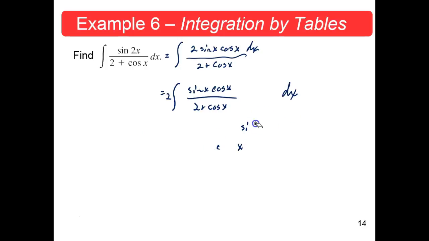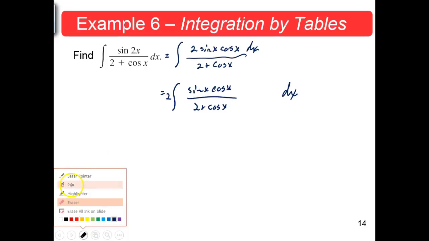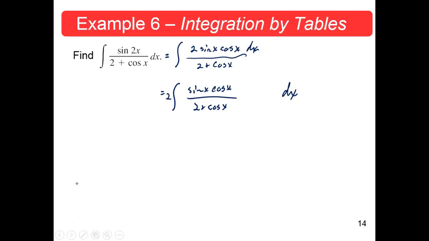Now, this is a bit esoteric, but it still may be helpful. That denominator really looks like an A plus BU, where U is cosine X. I think that's what they're suggesting we do.